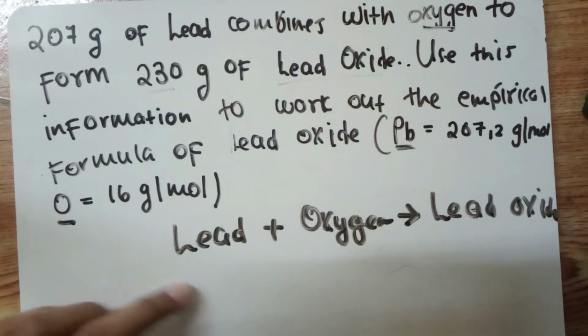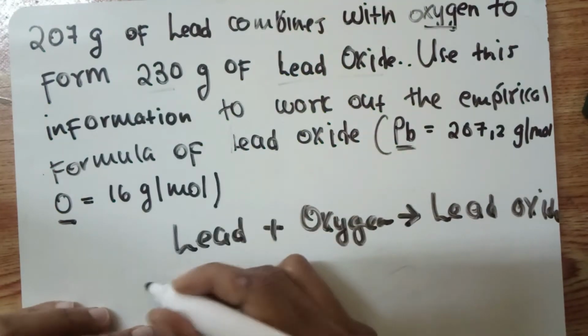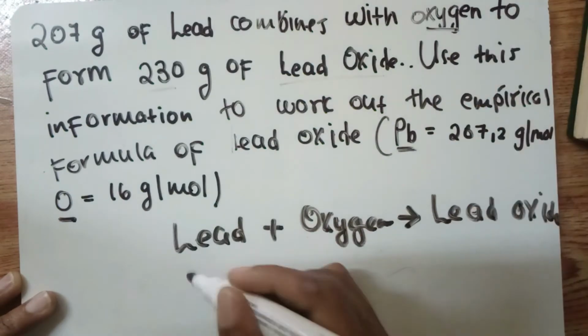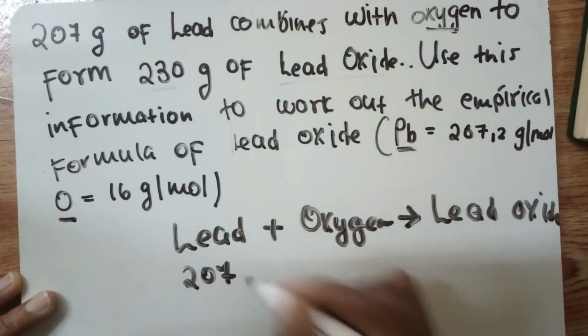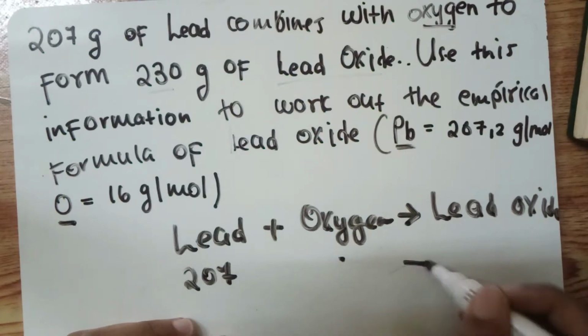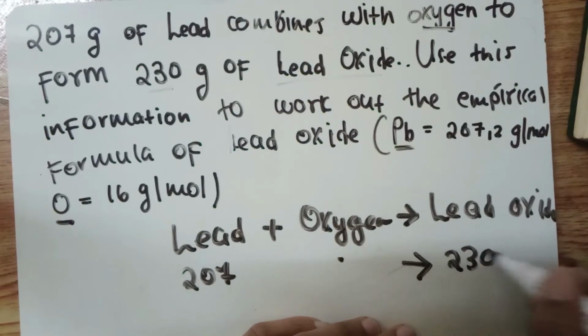They've given us the mass value for lead, so the mass of that is 207 grams, and we don't know what the mass of oxygen is. However, they've given us the mass of lead oxide, which is 230 grams.